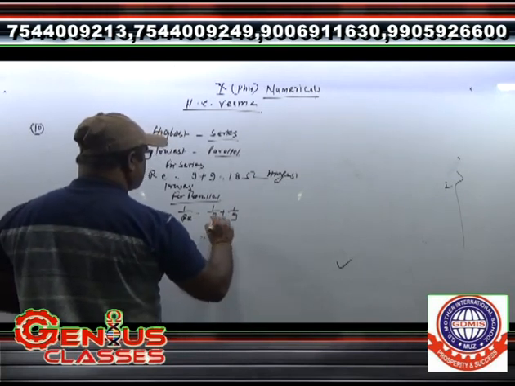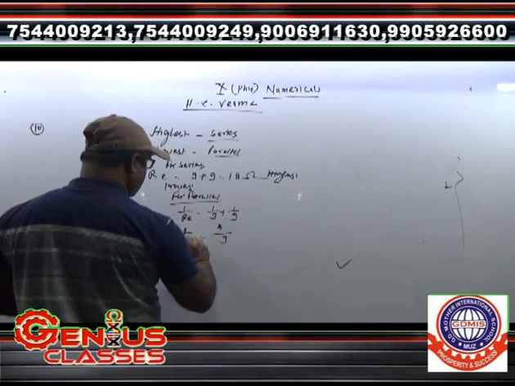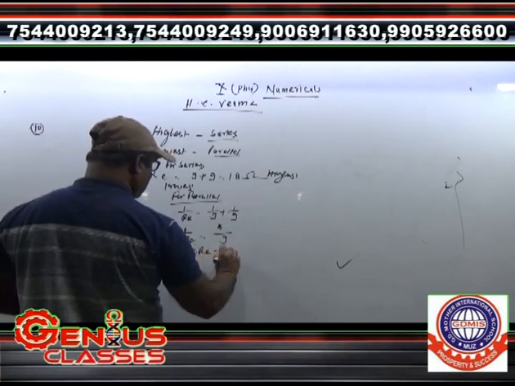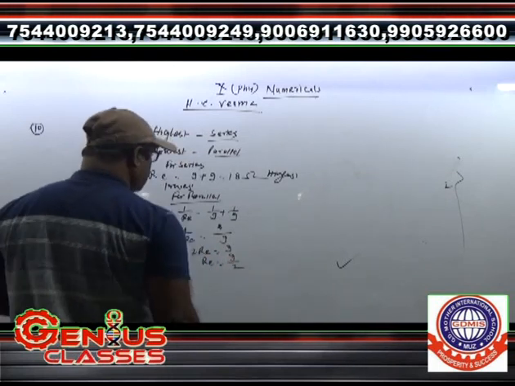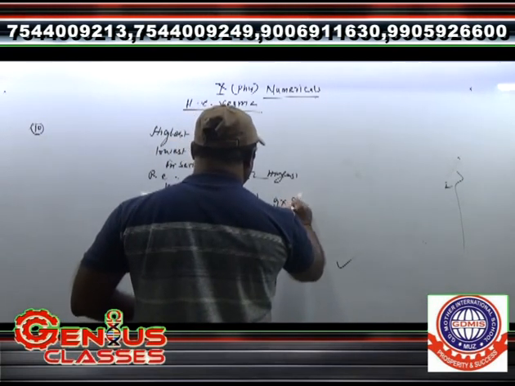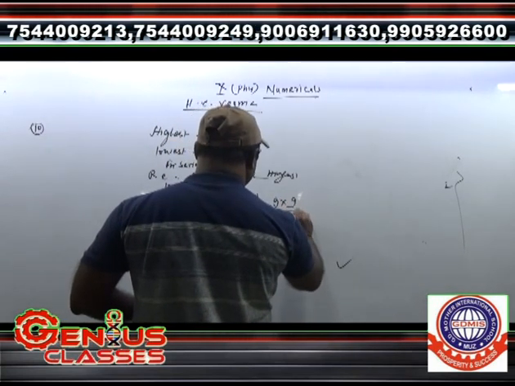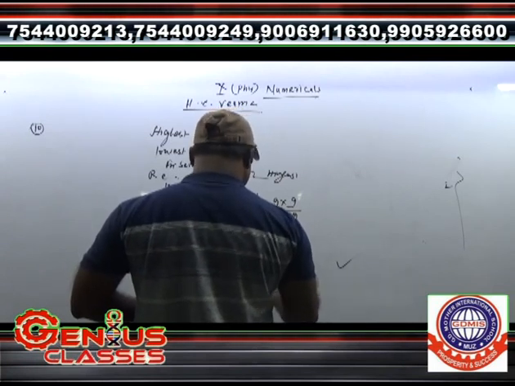It is 2 by 9. So if you apply the shortcut formula, 9 into 9 over 9 plus 9, 81 by 18. So we see here.